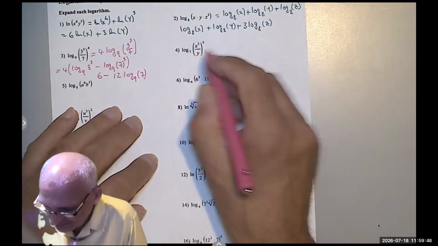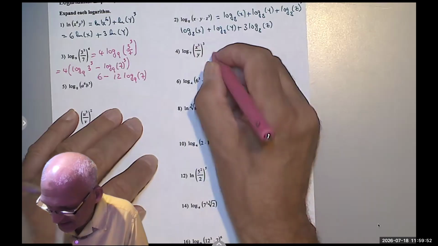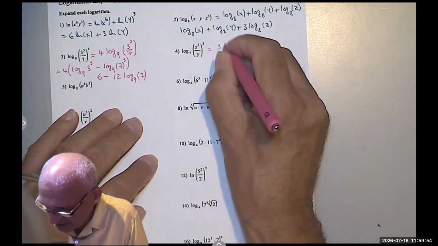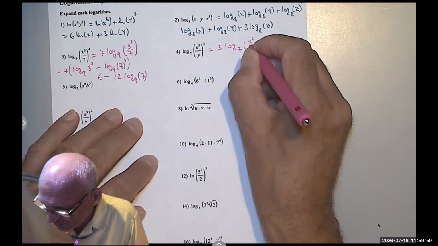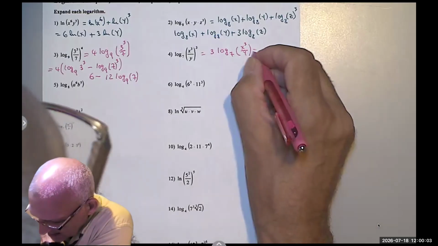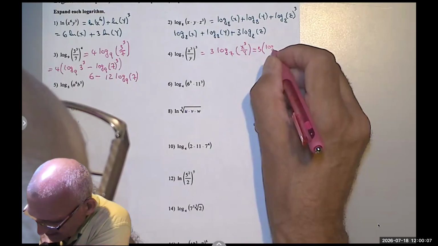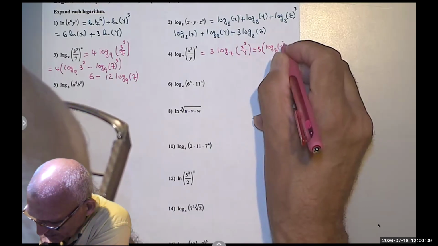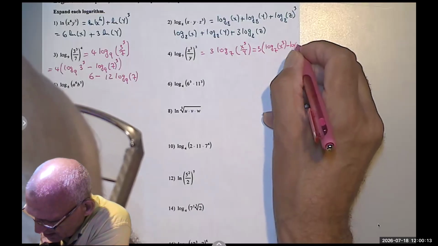Next one. First of all, I bring the 3 as a multiplier. So 3 log to the base 7 of x cubed over y. And then I say 3 times log to the base 7 of x cubed minus log to the base 7 of y.